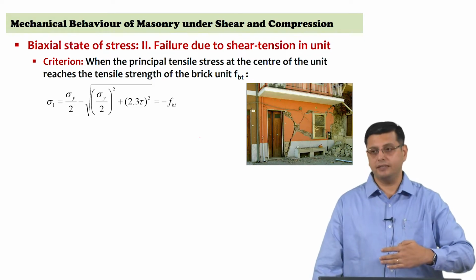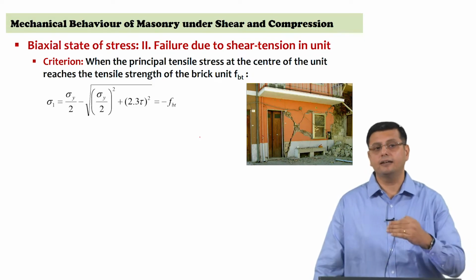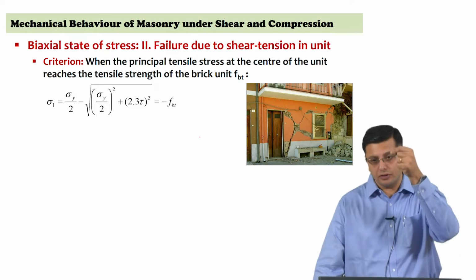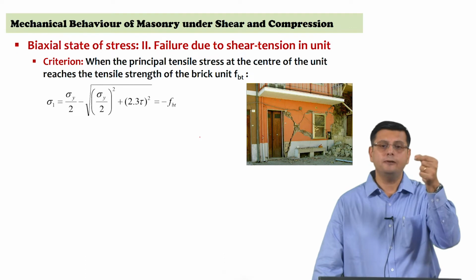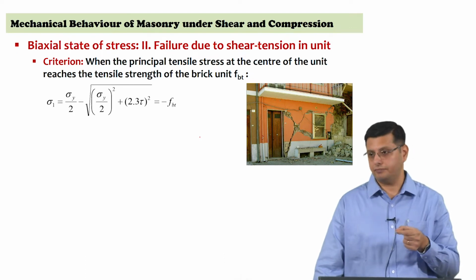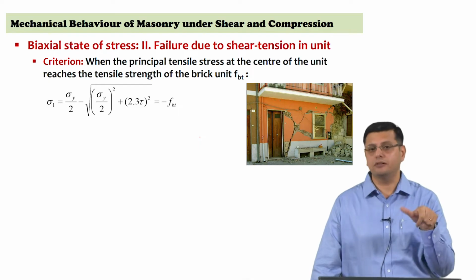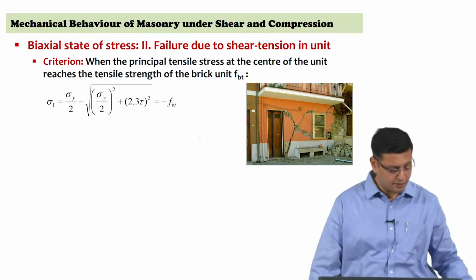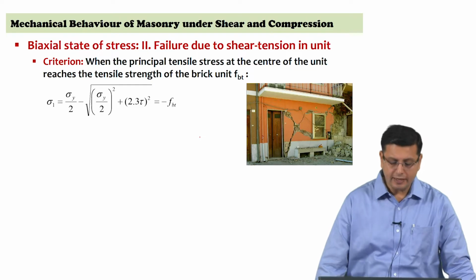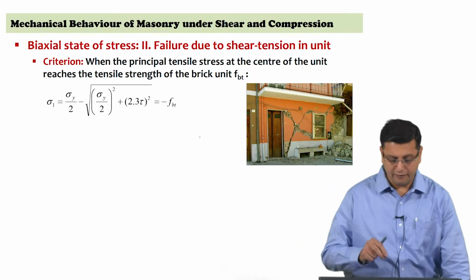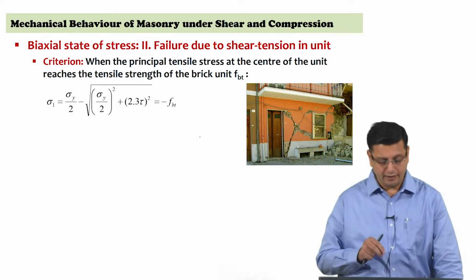However, in this criterion, we are talking of tension crack occurring at the center of the brick unit, and therefore, we must account for the translation of that stress now from the joint to the center of the brick, and this is affected by the geometric proportion of the unit itself. So, this is one aspect that needs to be considered, and there are simple numerical methods available to arrive at this value.